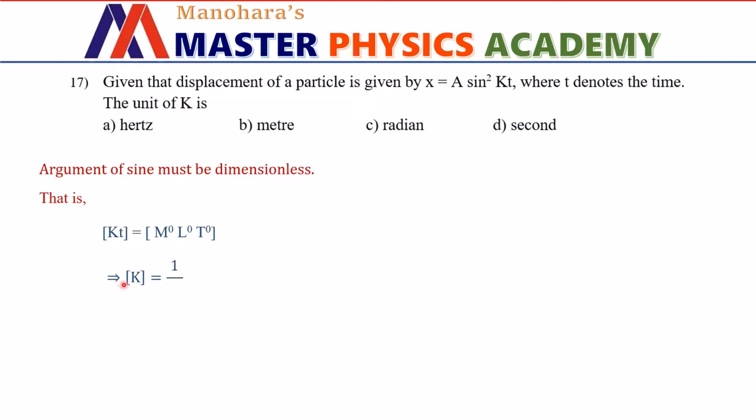Or in other words, dimensions of k is equal to 1 divided by dimensions of t. That is m power 0, l power 0 and t power minus 1. This is the dimension of frequency. Hence, the unit of k is hertz. Option A is the right choice.